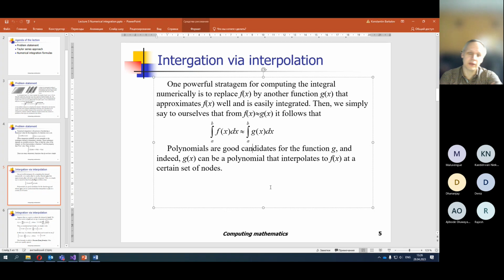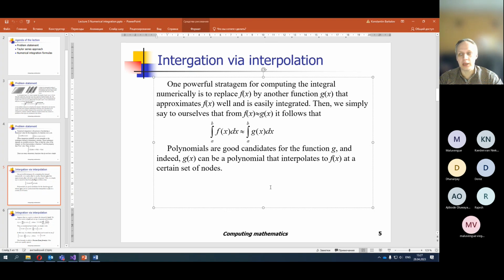And very good candidates for the functions g of x are polynomials. Because we can write an interpolating polynomial. We can interpolate any function using a polynomial in a certain set of nodes, of course. And a polynomial is a very easily integrated function.